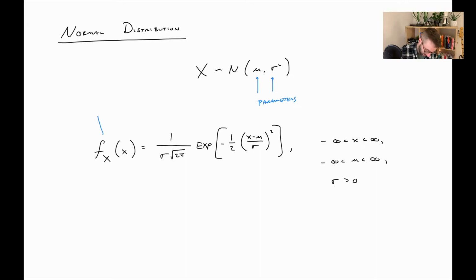It tells you this arduous PDF here, the possible values the random variable can take, and the possible values the parameters can be to keep this a valid distribution.